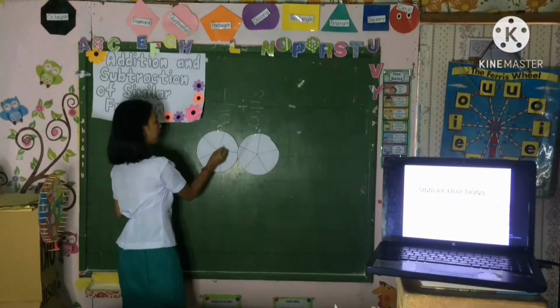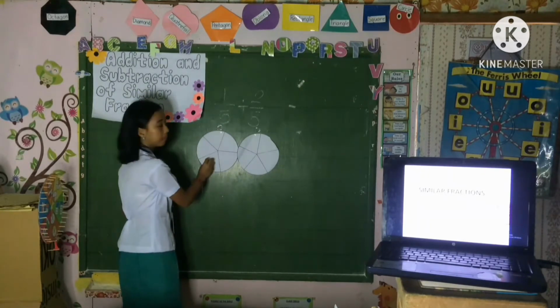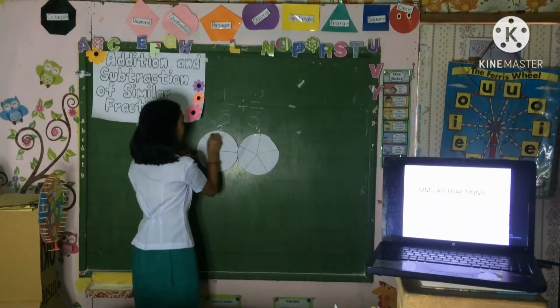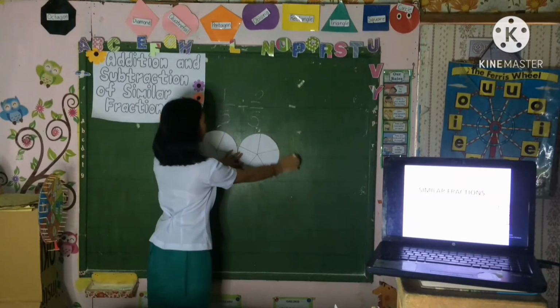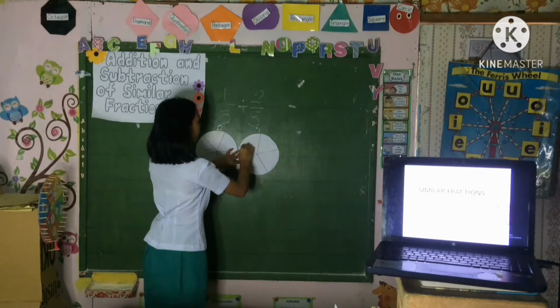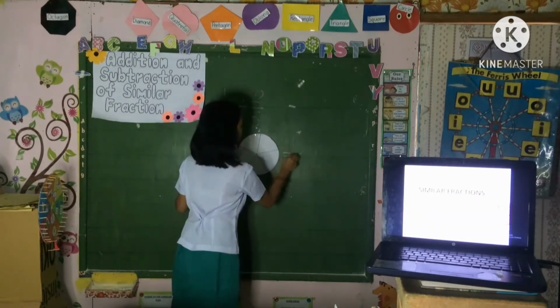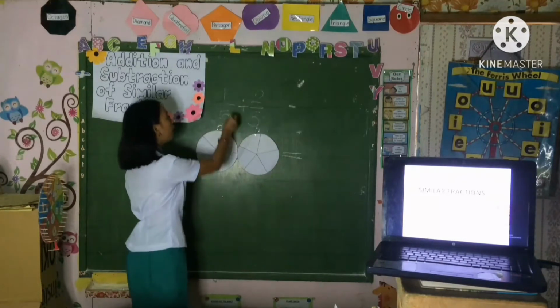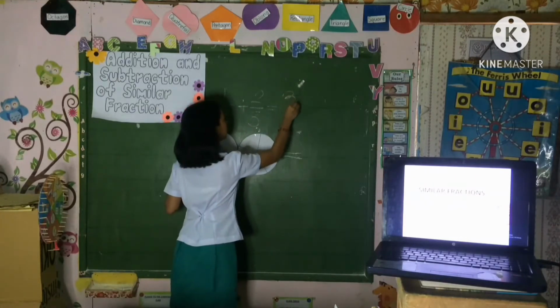So 1 over 5: the circle is divided into 5, and we shade one part. 2 over 5: again, the circle is divided into 5, and we shade two parts, or 2 fifths in a fraction. 1 plus 2 is equal to 3.